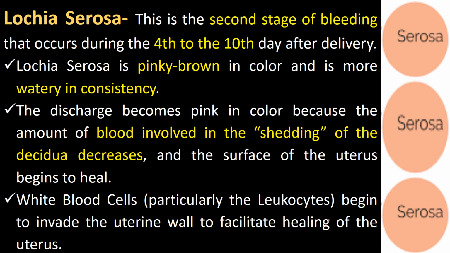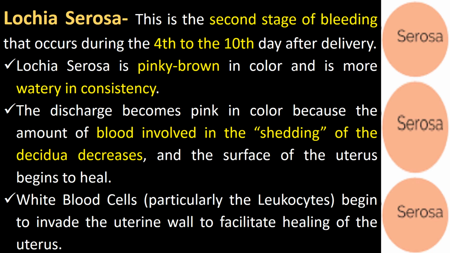So as compared to your Lochia Rubra, Lochia serosa is now pink in color and more watery in nature. The discharges become pink in color because the amount of blood that is shedding off in the decidua already decreases. So dahil konti na lang po yung dugo na lumalabas coming from the uterus, kaya nagiging pink na lang po yung lumalabas na lochial discharge.